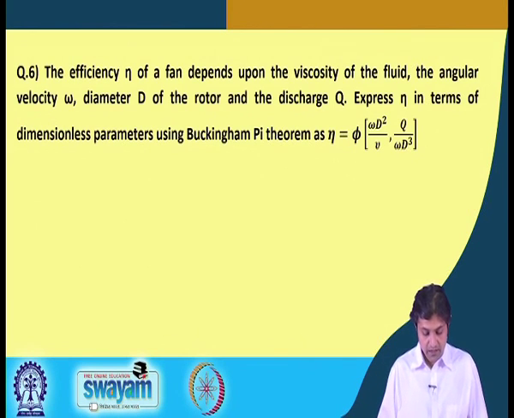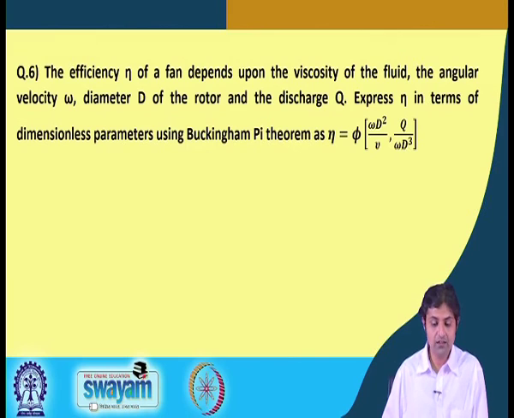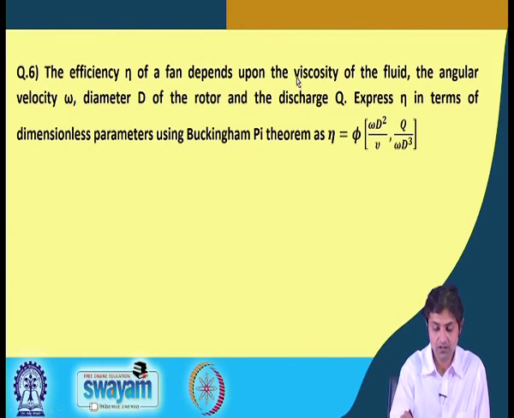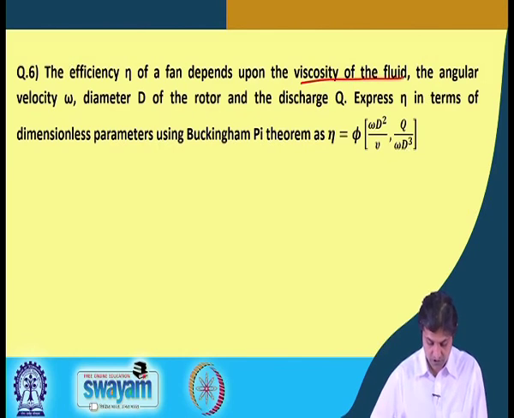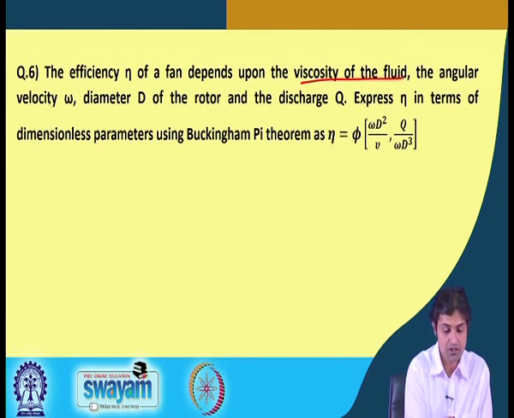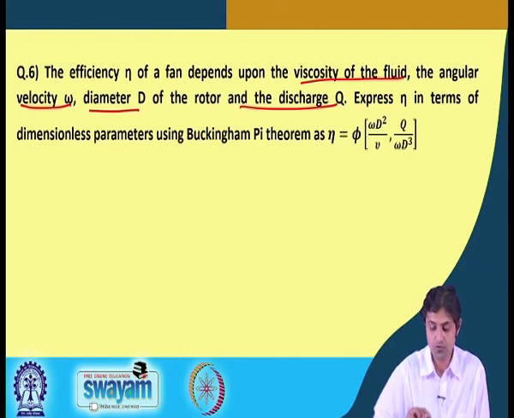It says that the efficiency eta of a fan depends on the viscosity of the fluid, the angular velocity omega, diameter d of the rotor and the discharge q.